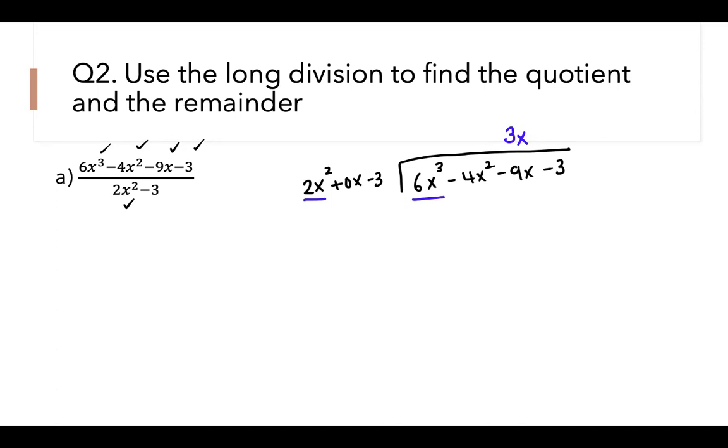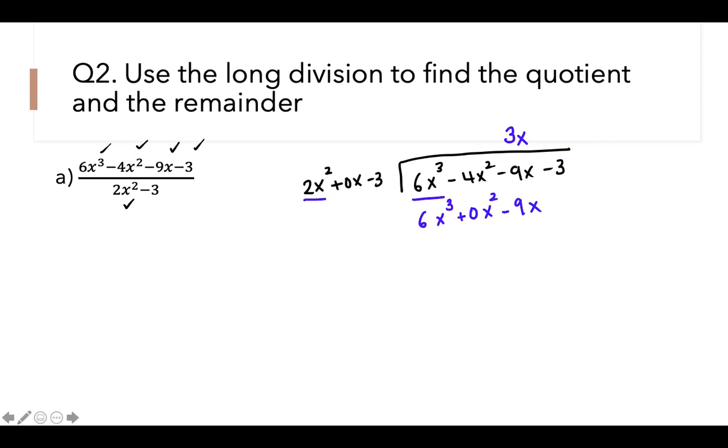Then we do the distributive property. 3x times 2x squared gives me 6x cubed. And then 3x times 0x gives me plus 0x squared. And 3x times negative 3 gives me negative 9x.